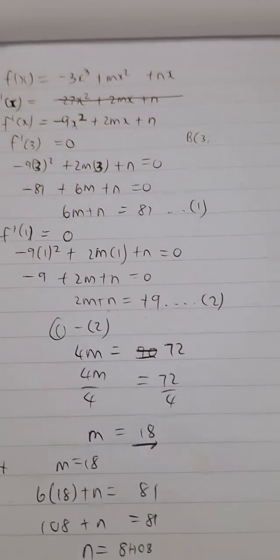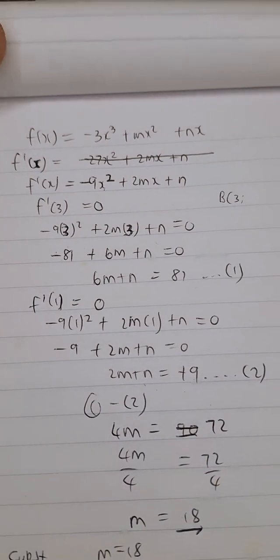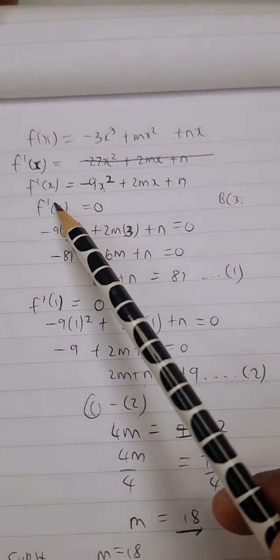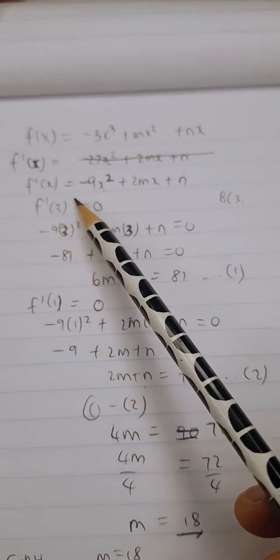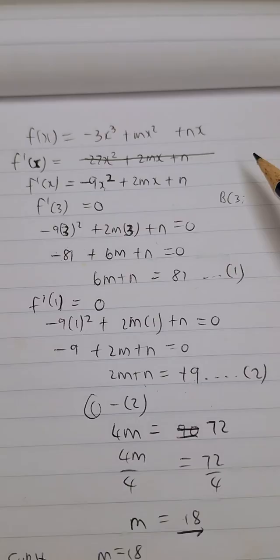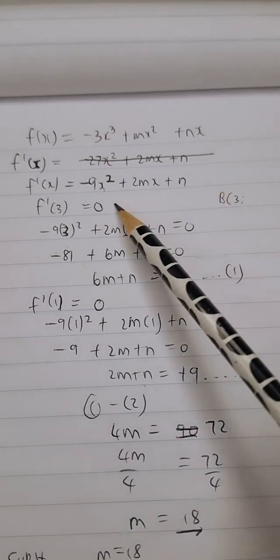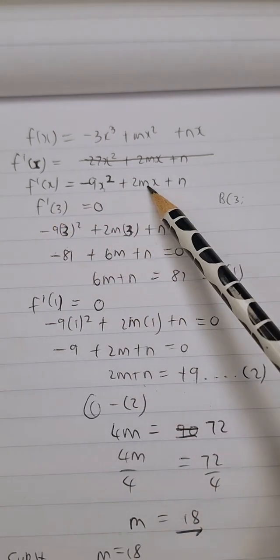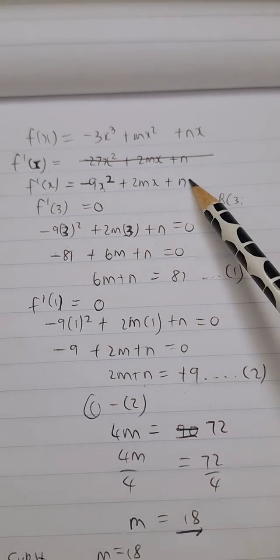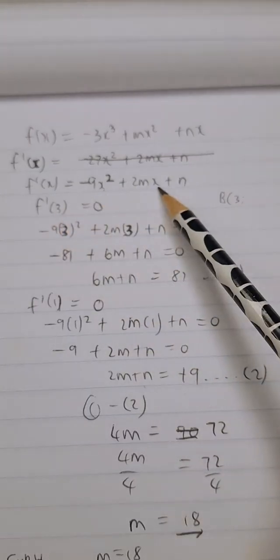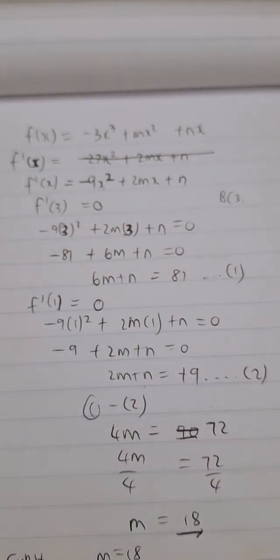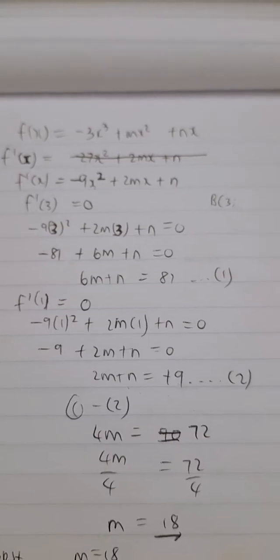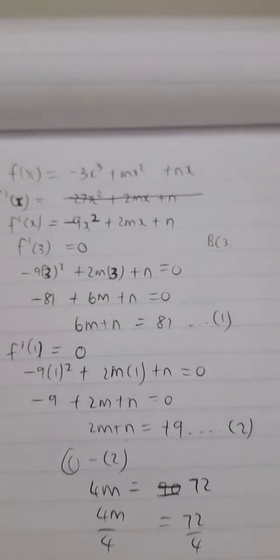What we are then able to do here is what I showed you yesterday. Because we are given the stationary points of the local minimum and maximum, we first derive the function whilst it has the m and the n. So the first derivative of the function is negative 9x squared plus 2mx plus n.